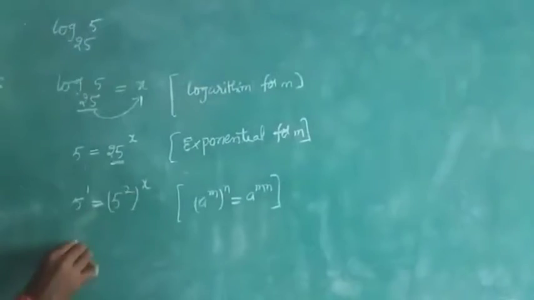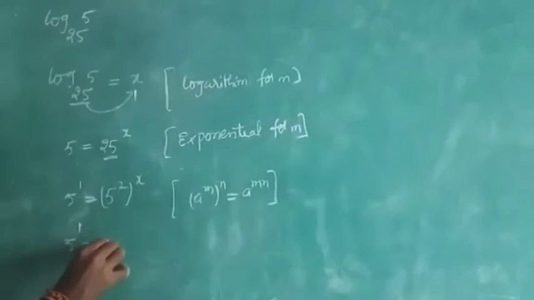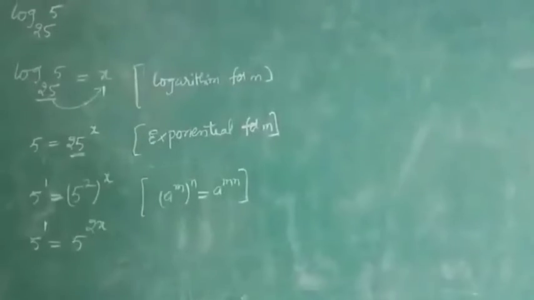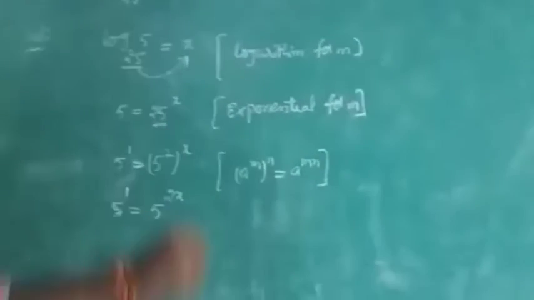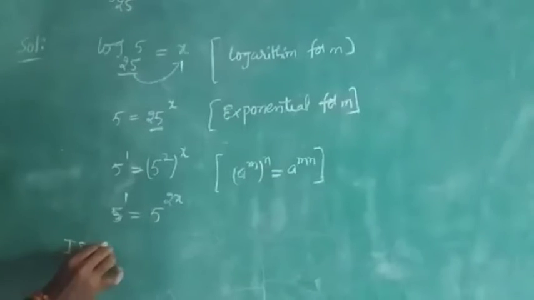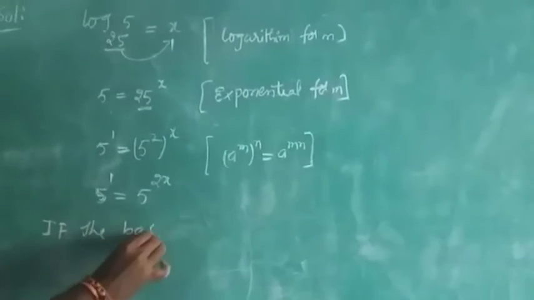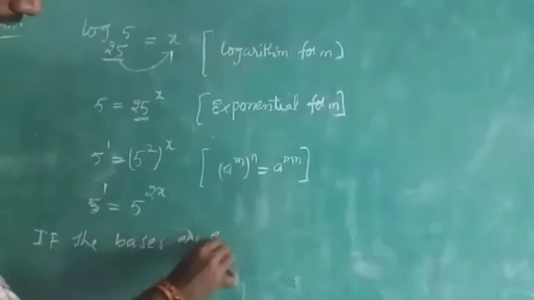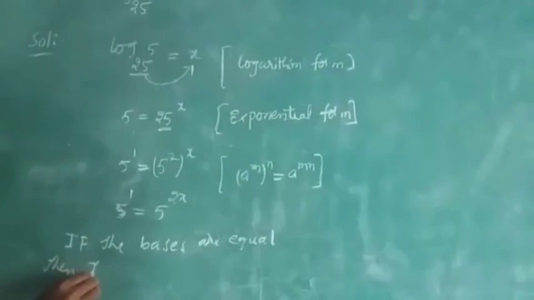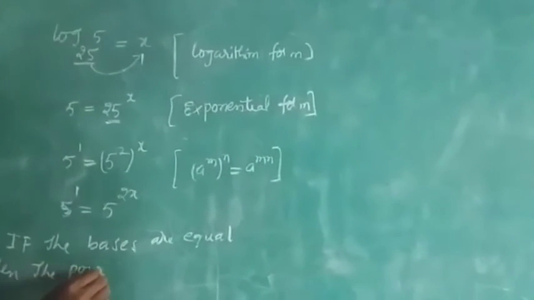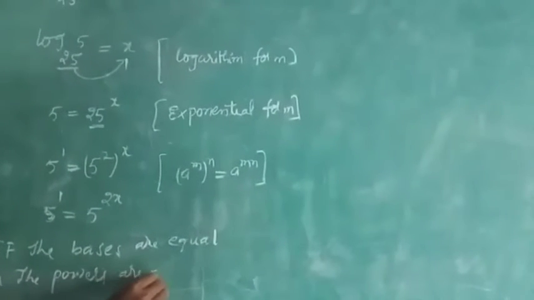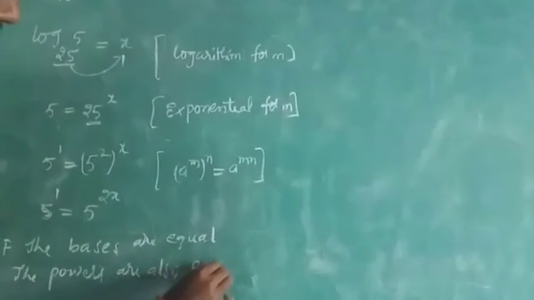So 5 to the power of 1 is equal to 5 to the power of 2x. Bases are equal, then the powers are also equal.